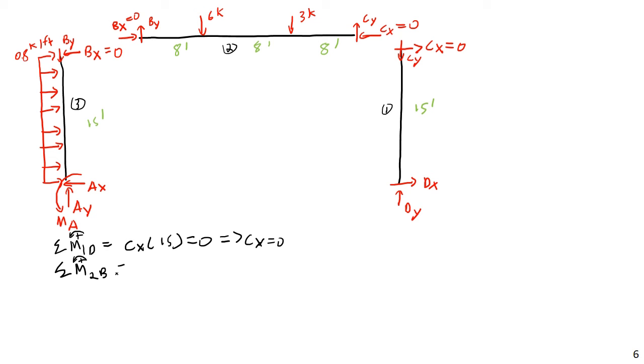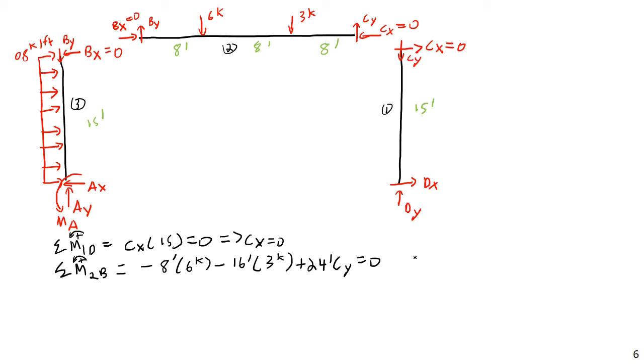Moments are usually a very good way to really cut through the clutter. So, what are we going to have? Well, if we look at this, we're going to have minus 8 feet times 6 kips. So I'm taking the moments about this beam here, this free body diagram here, about point B. So minus 8 feet times 6 kips, minus 16 feet times 3 kips, and then plus 24 feet times Cy equals 0.